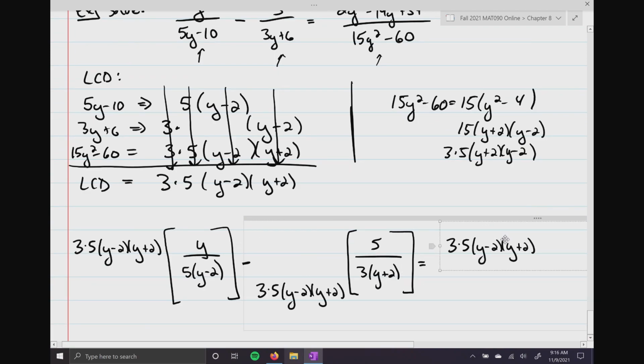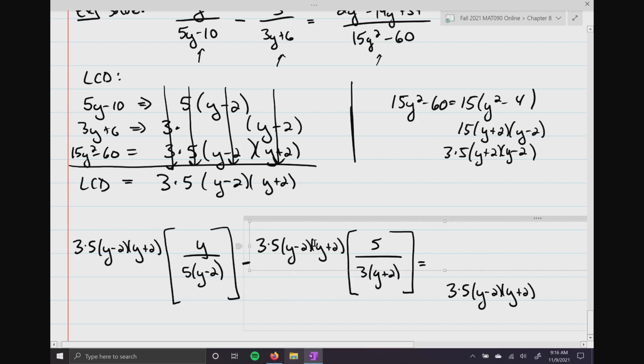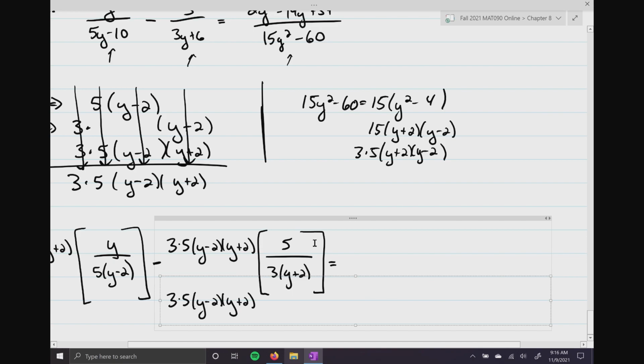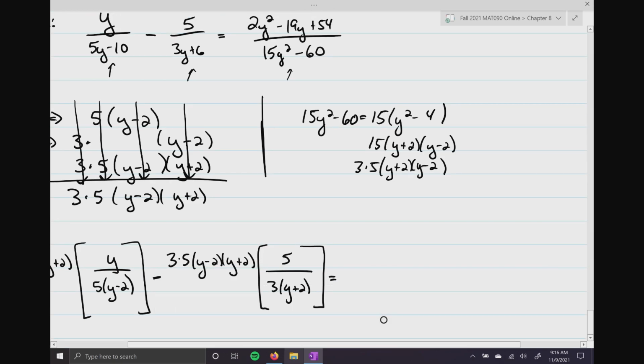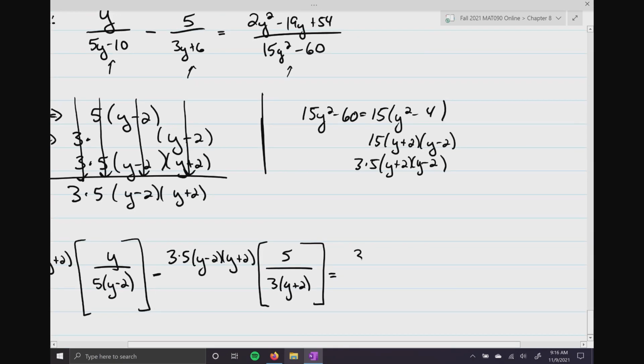Uh-oh, what is going on here? All right, well, I thought I could get away with it. Obviously, I can't, so I'm just going to write it again. 3 times 5 times y minus 2 times y plus 2, all multiplied by 2y to the second minus 19y plus 54, all over 3 times 5 times y minus 2 times y plus 2.